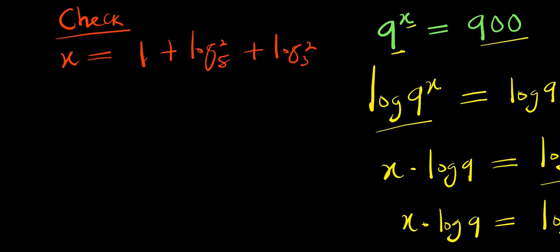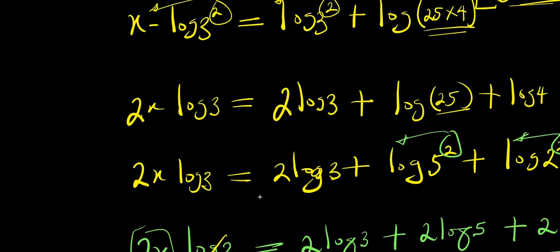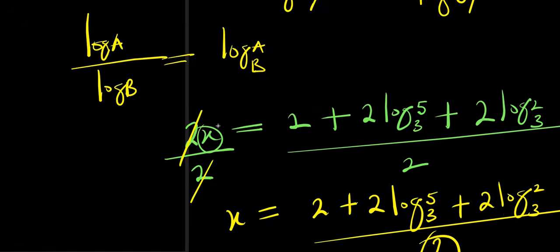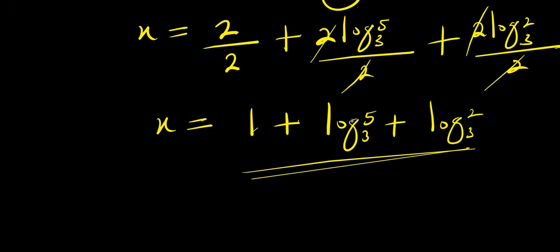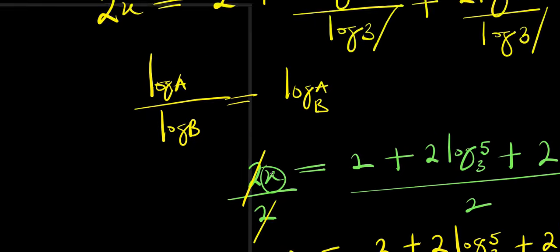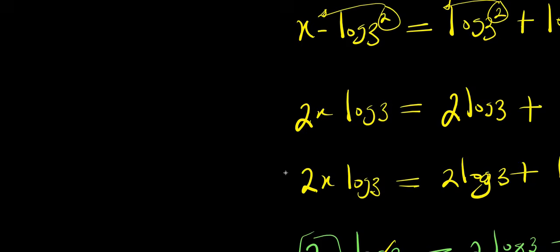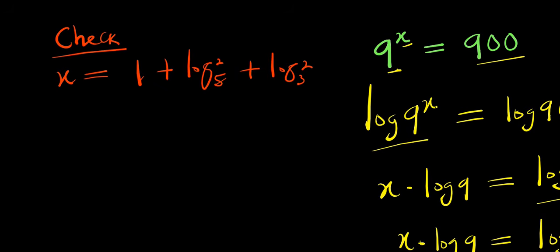Right? Let me confirm the solution because I've not actually copied it out. Okay, log 5 to the base of 3 and log 2 to the base of 3. Alright, now we have gotten it.